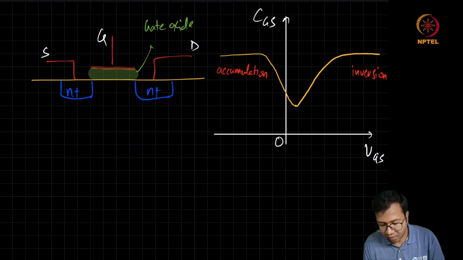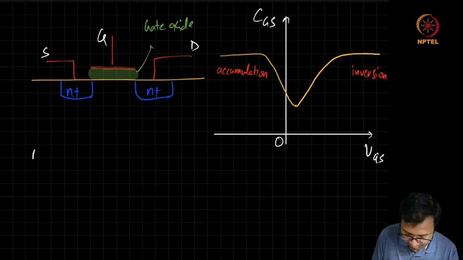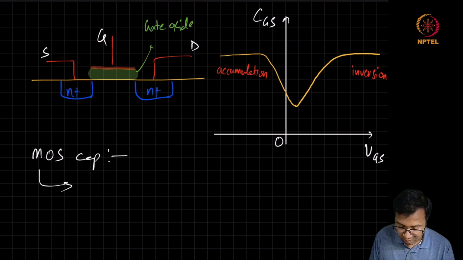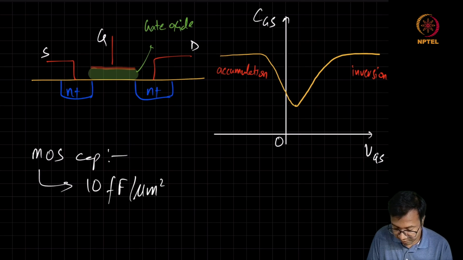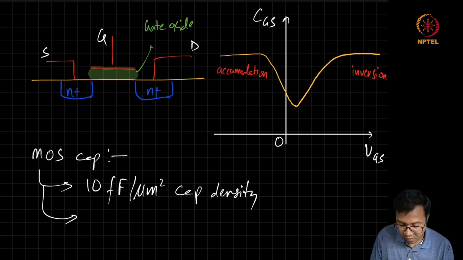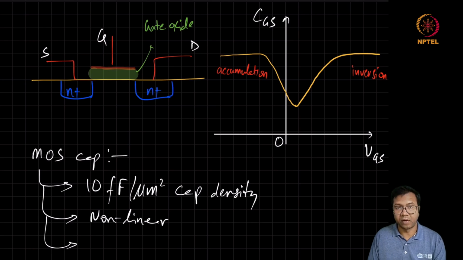So this is the motivation behind using a MOSFET as a capacitor, also called a MOSCAP. You can see it can really have a very high cap density. You may get of the order of 10 femtofarad per micron square. The downside is, as you can see, it's nonlinear in nature. Also, we will see that the quality factor of a MOS cap is not as good as the quality factor of a MIM cap or MOM cap.